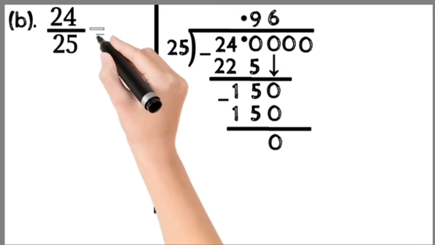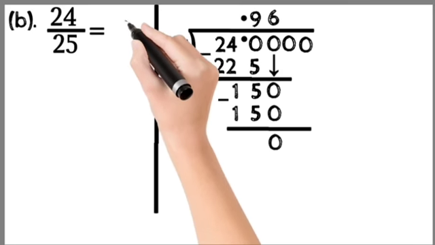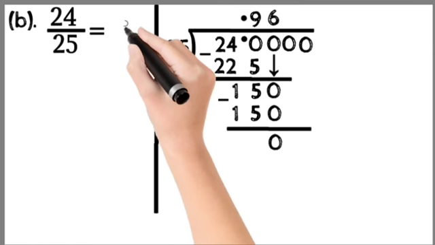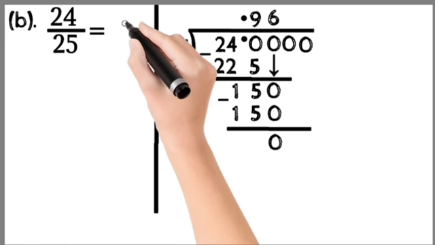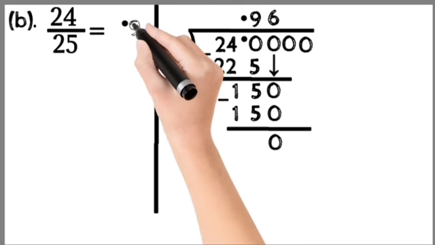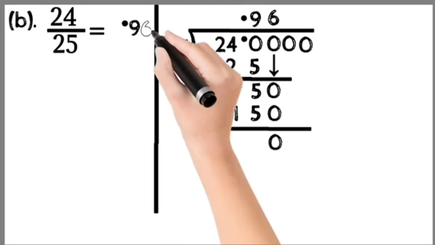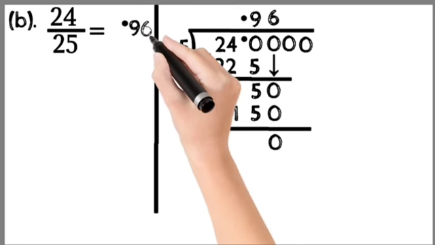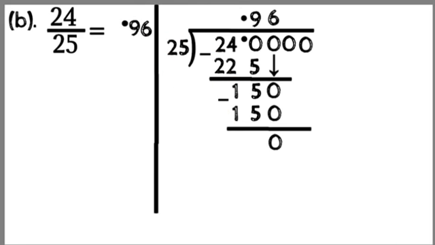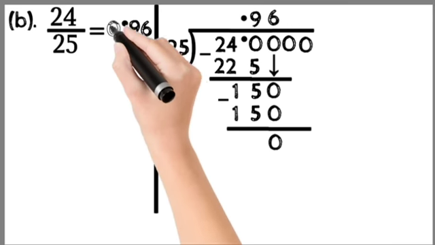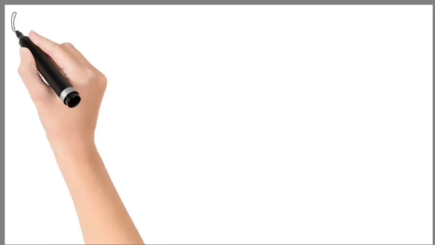Just write this is equal to 0.96. For the whole number part there is nothing, so just write 0. I told you about the decimal part and the whole number part in the previous classes, correct? Just before the decimal point write 0 as the whole number part. So that is the final answer.